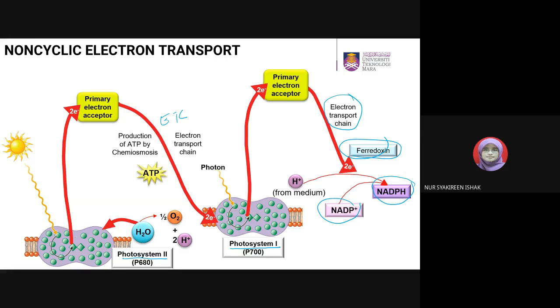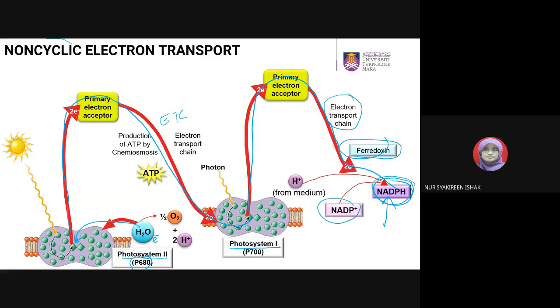So kalau tengok, the electron from water molecule is received by photosystem 2 P680, transferred along ETC, okay, to photosystem 1, to the primary electron receptor, to another second set of ETC and received by NADPH. So maksudnya kat sini elektron tu dah tak balik semula dah dekat photosystem 2.